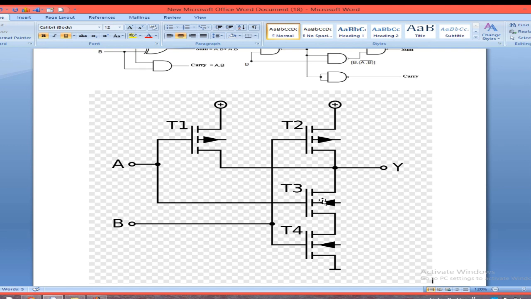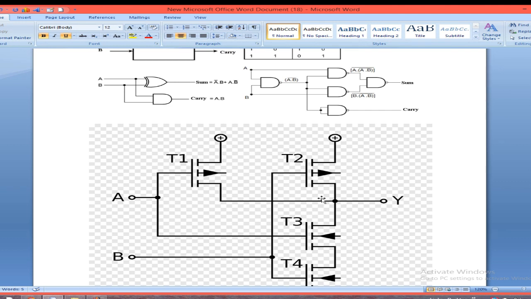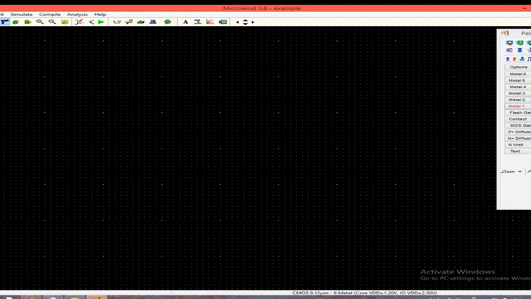Let us see whether we are capable of designing this structure. We will try to design it in our software, Microwind 3.8 version.